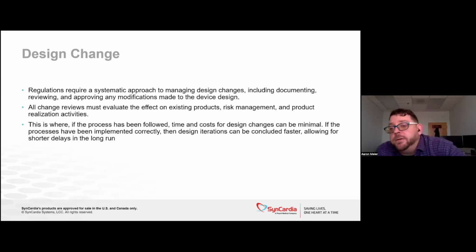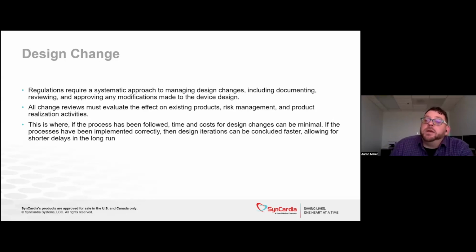Now, design changes. As you're working through your initial design, you're going to find things don't work and you have to make a design change. Once you've gotten your product onto the market, you're going to want to make design changes to fix identified flaws, fix bugs, make the device a safer product, add new features. So that really requires a systematic approach, right?